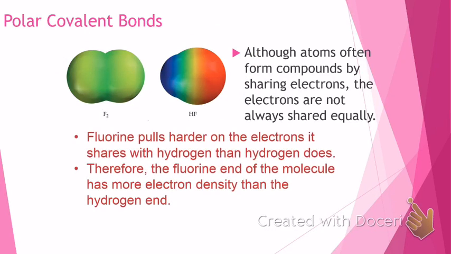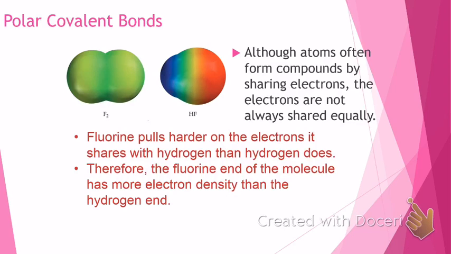Since fluorine pulls harder on the electrons than hydrogen, and it's this unequal pulling, the fluorine end of the molecule is going to have more electron density around it than the hydrogen end. So it's going to be slightly more negatively charged. It's not really a negative charge, but it's slightly more negative than the hydrogen end.